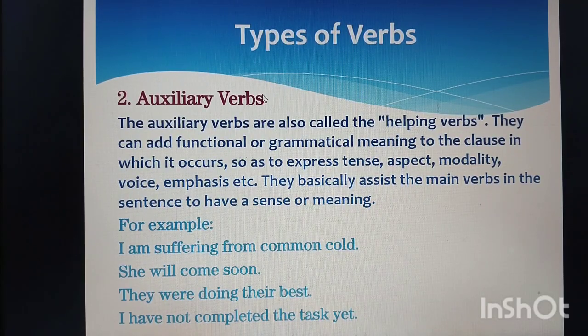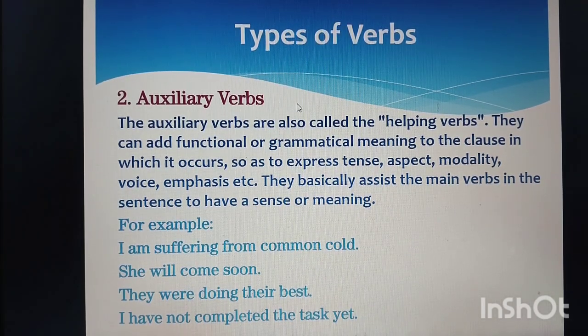It helps the main verb to give the sense of meaning. You have to understand this much.